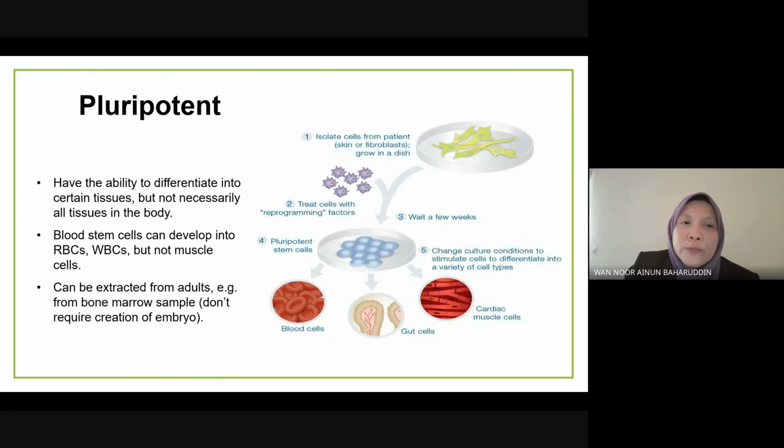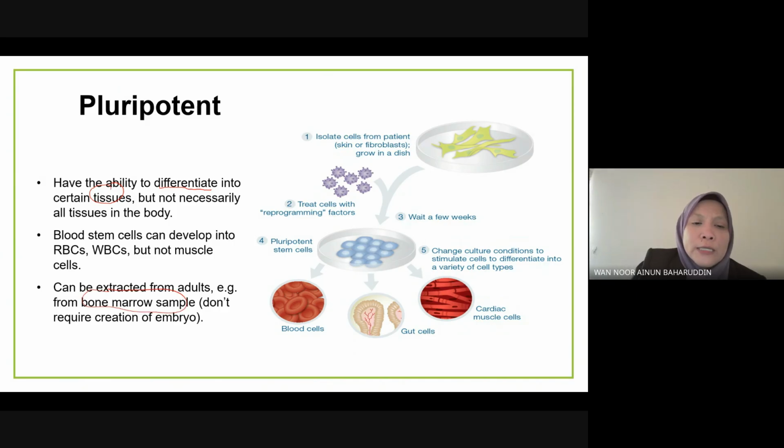Okay, we do have pluripotent. Okay, pluripotent stem cells, their only ability is they can differentiate into certain tissue only. Okay, for example, blood stem cell can develop into RBC but not muscle cells and can be extracted from adult. For example, bone marrow sample.